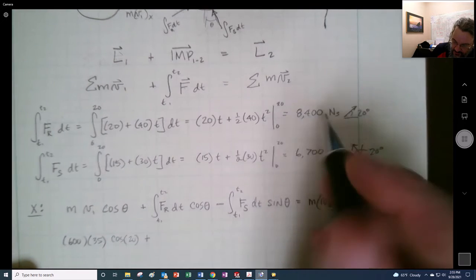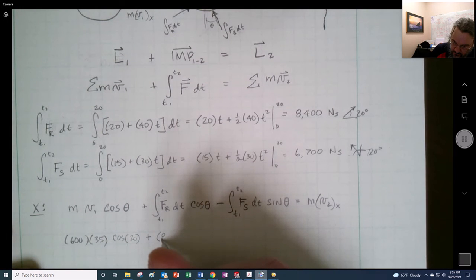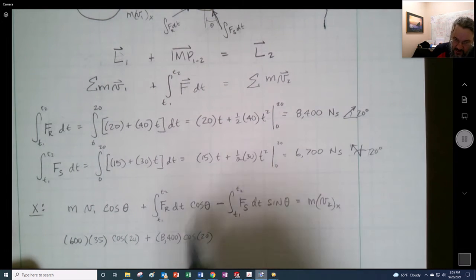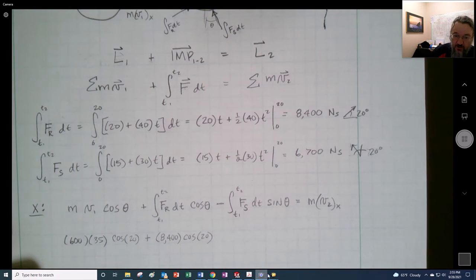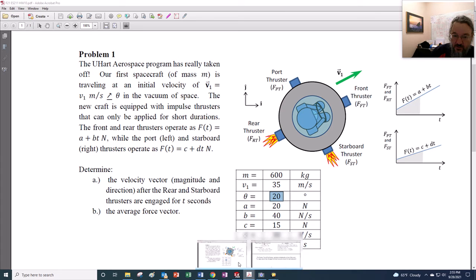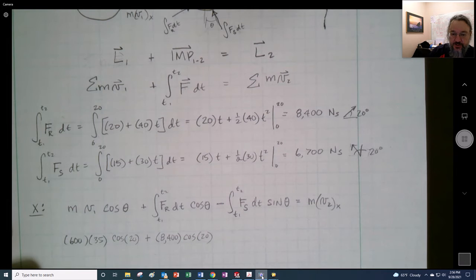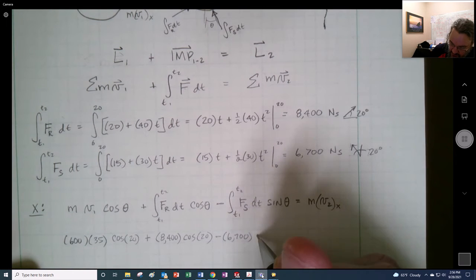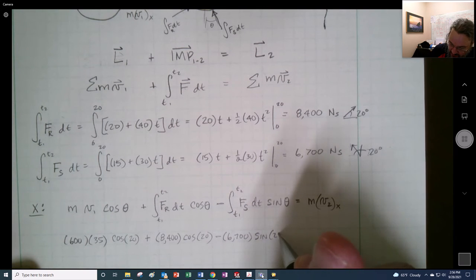plus 8,400 times the cosine, also 20 degrees. And that's because of the orientation of the thing starting out. Okay, so remember, it's not going to rotate. It's a particle still, but the forces that we're talking about are aligned with this direction. That's why we're doing it this way. And then we have minus 6,700 times the sine of 20 degrees.